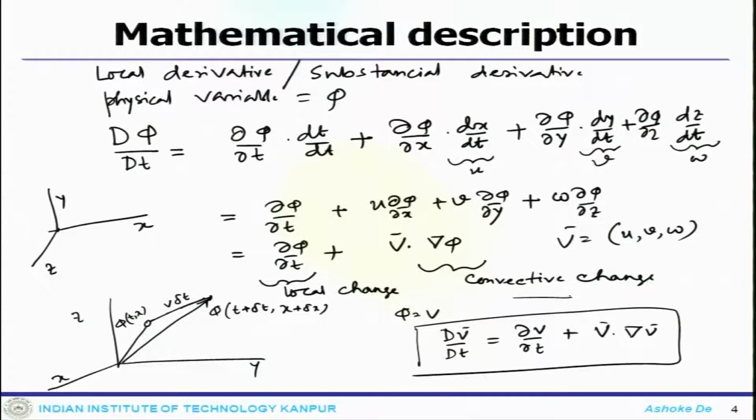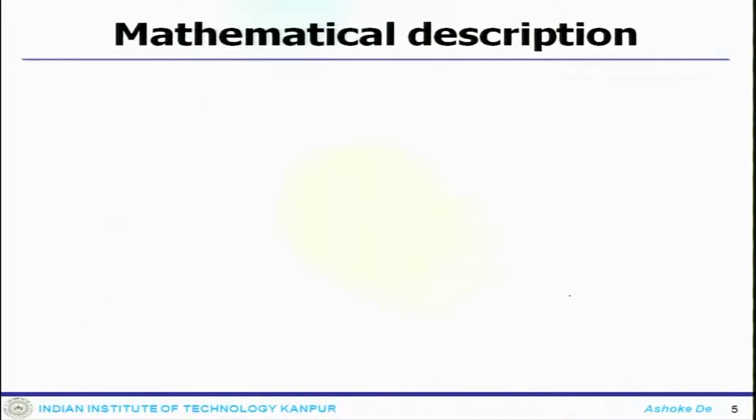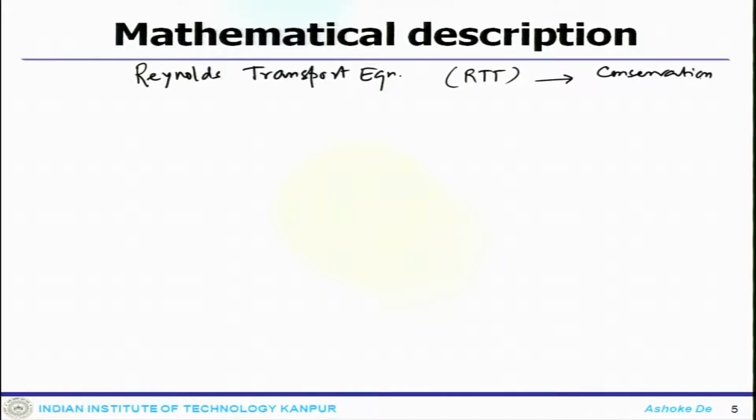Now, we will look at the basic transport equation, the Reynolds transport equation or RTT. From there we will actually get back all other conservation laws.